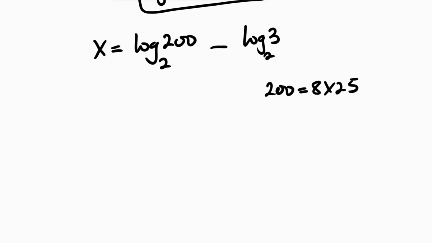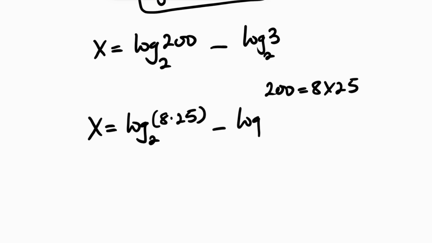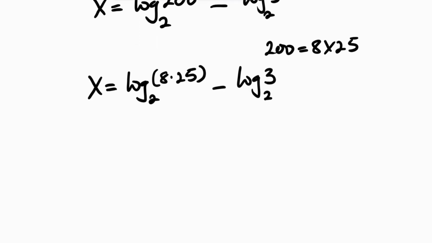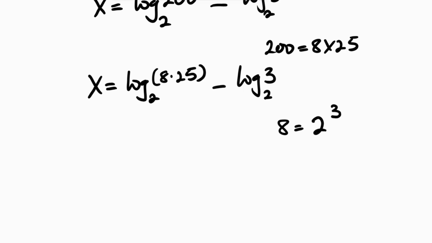Okay, so now we have x equals log of 8 times 25 base 2 minus log of 3 base 2. 8 is the same thing as 2 raised to the power 3, and 25 is the same thing as 5 squared.